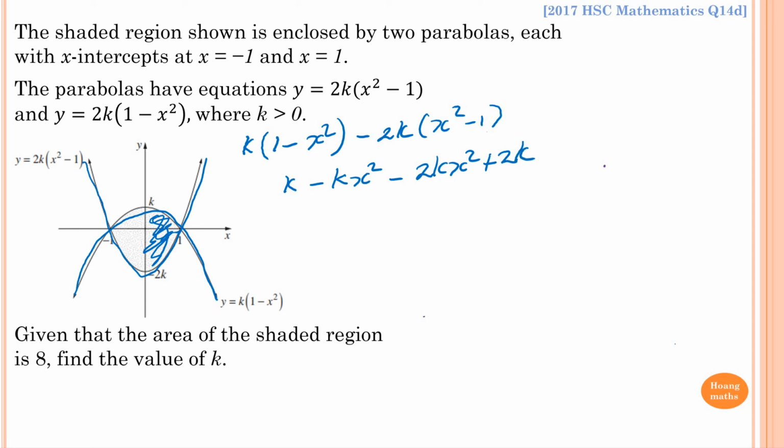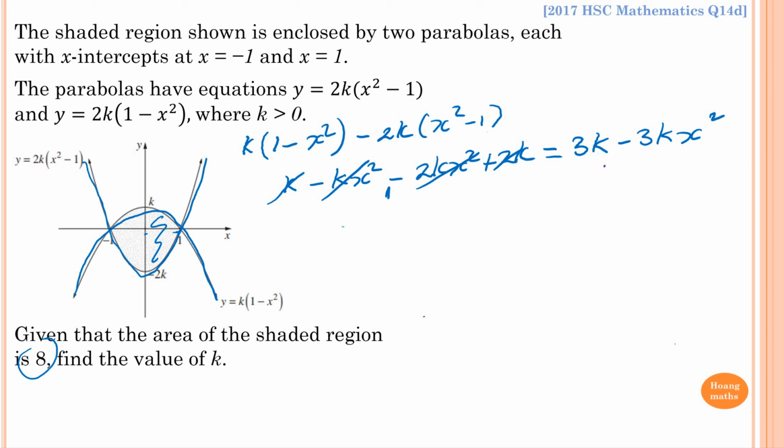So I simplify this, which gives me k plus 2k is 3k, and minus kx squared minus 2kx squared is minus 3kx squared. I just collect like terms. So now if I find the area of this, integrate from 0 to 1, I double, it will give me this as well, which is equal to 8 square units.